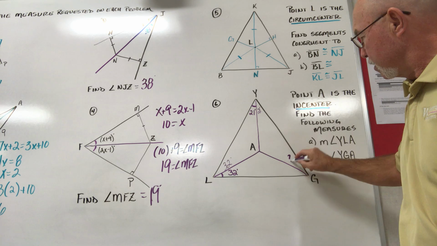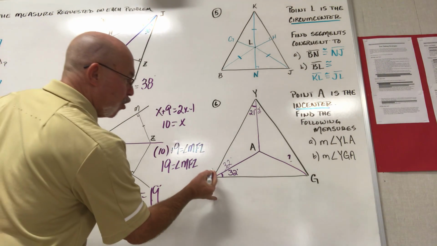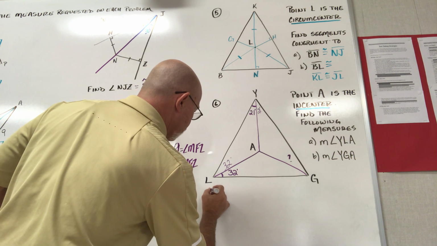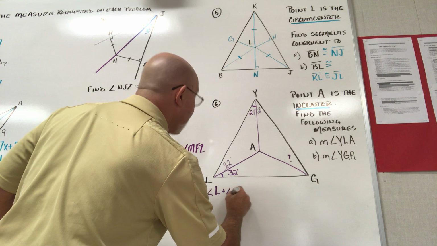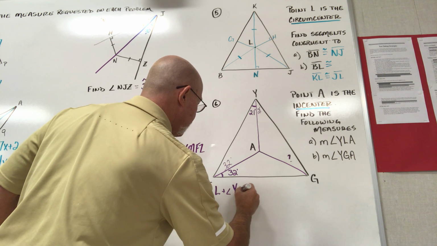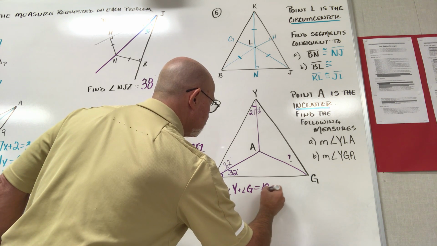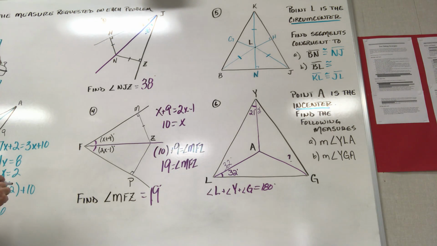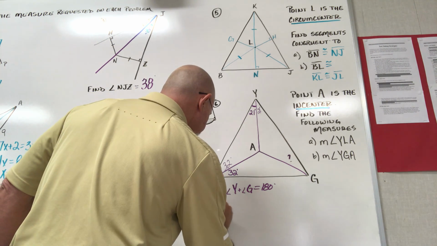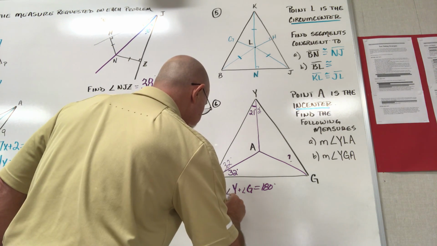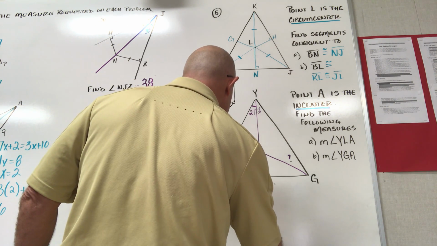YGA. Now this one we have to do a little work for. This is a 64-degree angle. So I know if I take angle L, angle Y, I already know angle L is 64 degrees. 21 and 21 is 42 degrees.